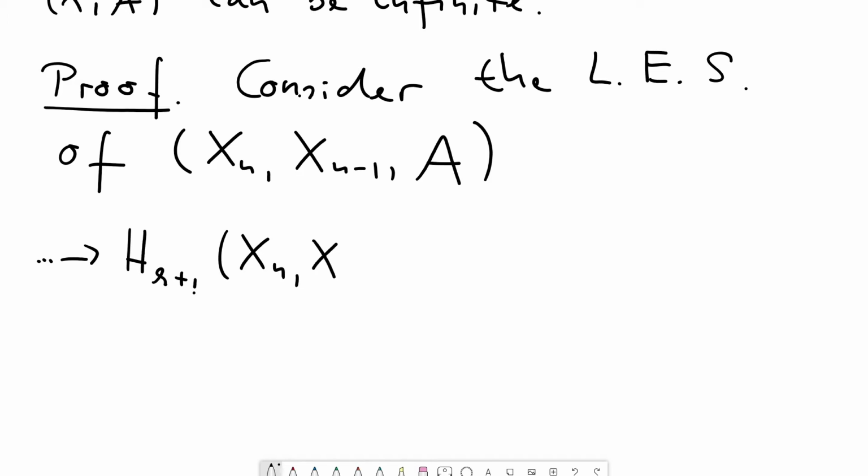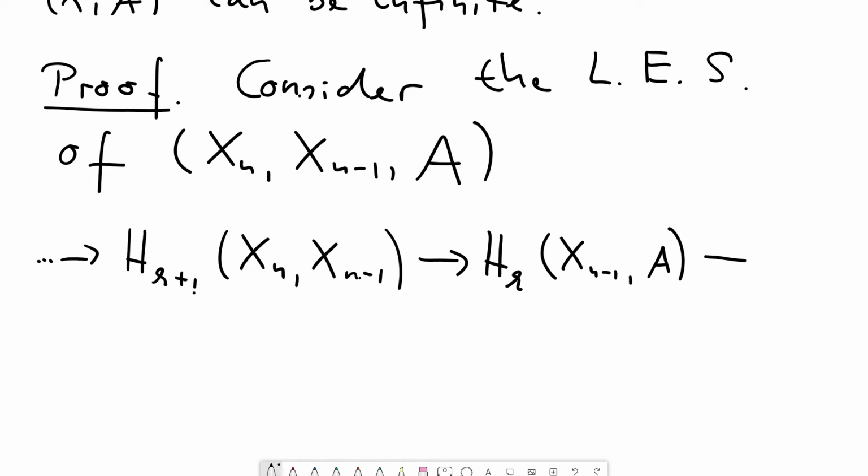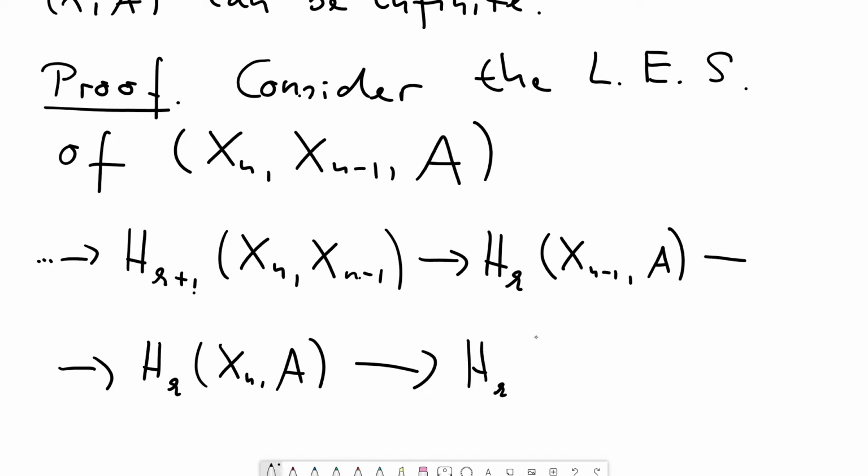We've got here the big pair (X_{n-1}, A), then comes the boundary homomorphism H_k going to (X_{n-1}, A). Then the next term is the inclusion H_k(X_n, A), and the next one should be again index k and (X_{n-1}, A), and so on and so forth.